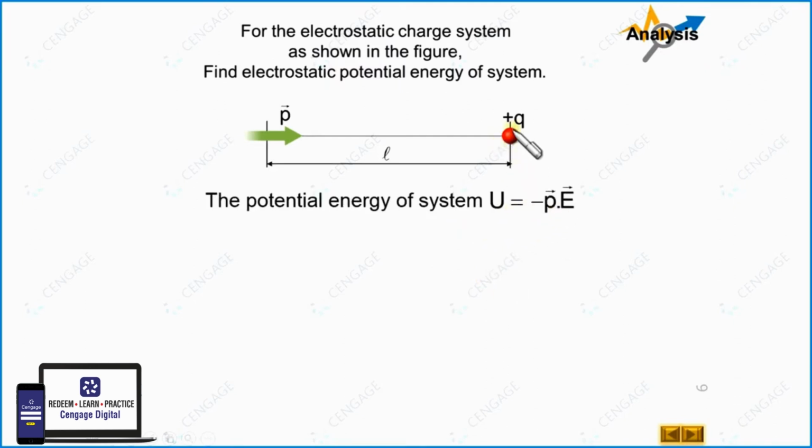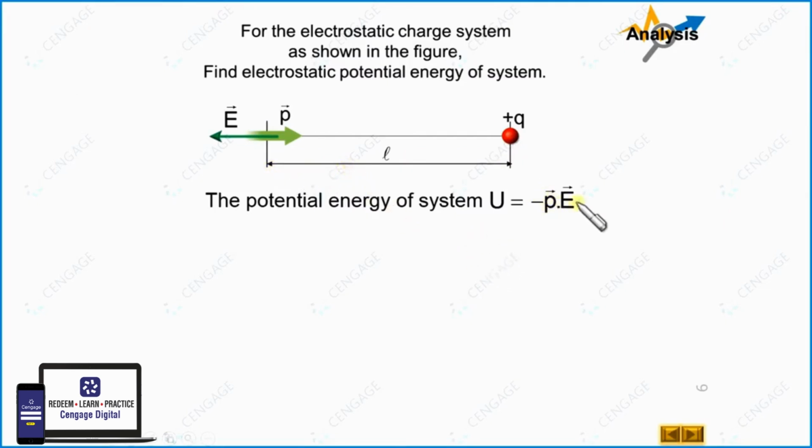Okay, now we can make the electric field vector at the center of the dipole because of this charged particle, and we know this is in the leftward direction like this. That means the angle between the dipole moment and electric field vector is 180 degrees, and the magnitude of the electric field is 1 upon 4 pi epsilon naught Q divided by L square.